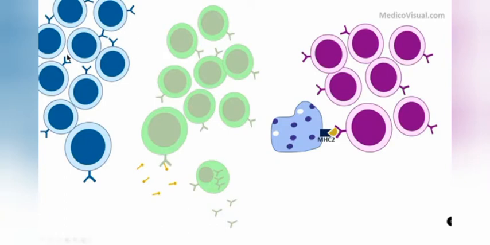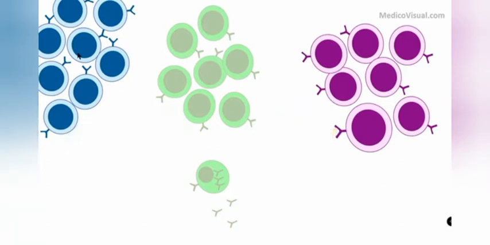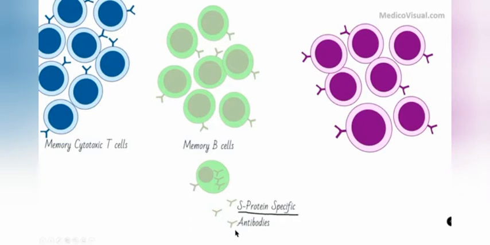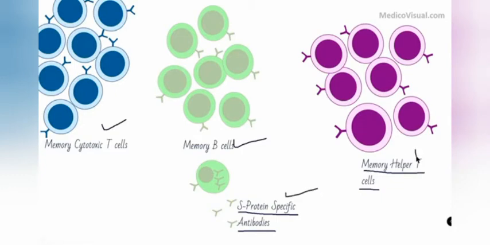So we have memory T cells, we have memory cytotoxic T cells, we have memory B cells, and we will have lots of S protein specific antibodies, and we also will have memory helper T cells. So we have got all these things, right?